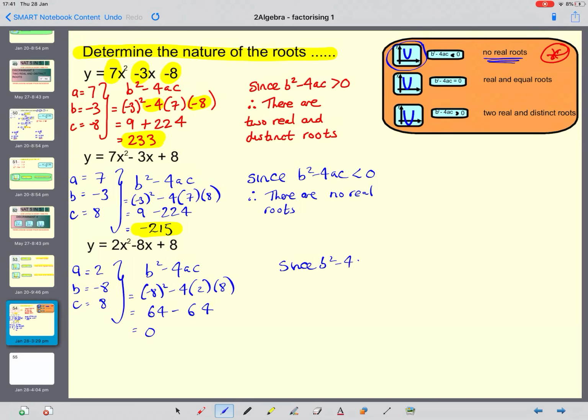Since b squared minus 4ac is equal to 0, therefore there are real and equal roots. So the root is repeated, it touches the x-axis at whatever that x value is when you work it out.